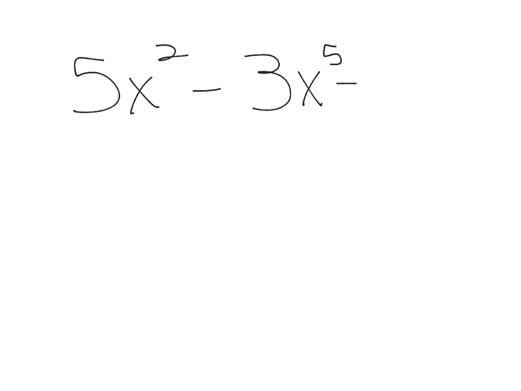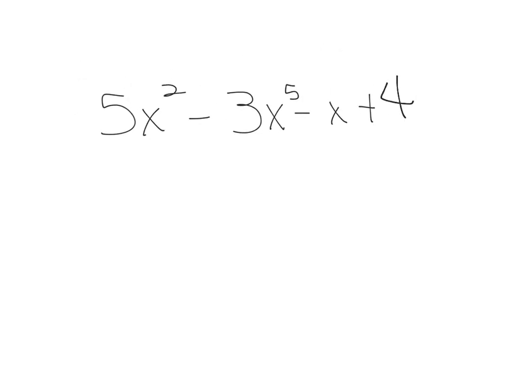And then the last lesson. So let's say it is 5x squared minus 3x to the 5th minus x plus 4 minus 3x squared.